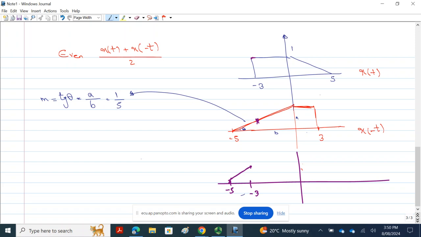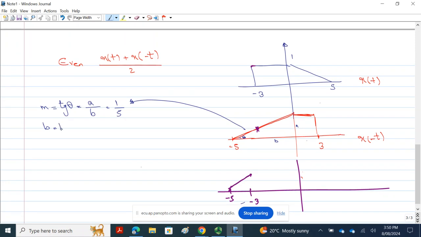Now, I need to find B as well, remember? So B is the value at 0, which is equal to 1. That's correct. So my formula will be, if I say it's Y, it can be any number, y = (1/5)t plus 1.